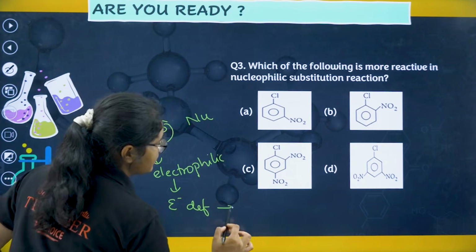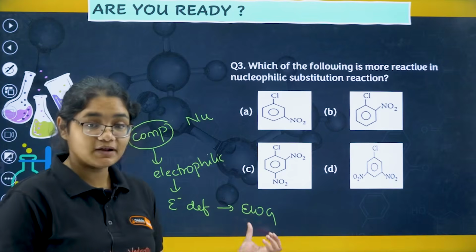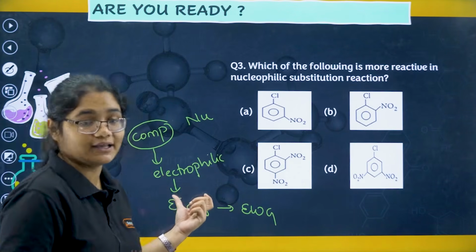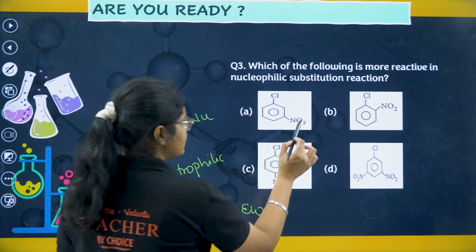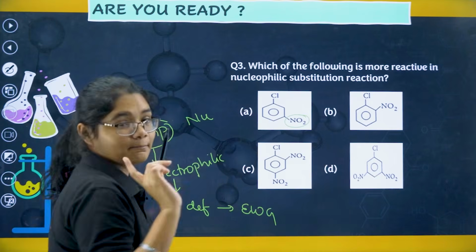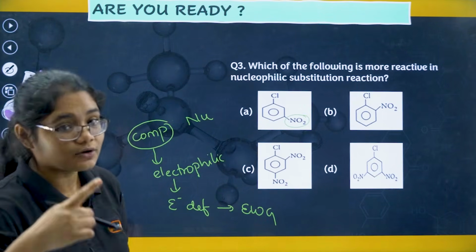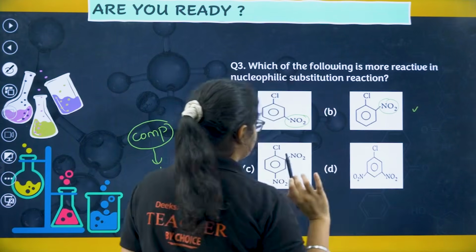And how can we have electron deficiency? By the presence of electron withdrawing groups. The more electron withdrawing groups, the more electron deficient, the more electrophilic in nature, and it will react faster with the nucleophile. Here I have only one electron withdrawing group, that too at the meta position. We want the electron withdrawing group at the ortho or para position. Here I have it at the ortho position, so this will definitely react faster.